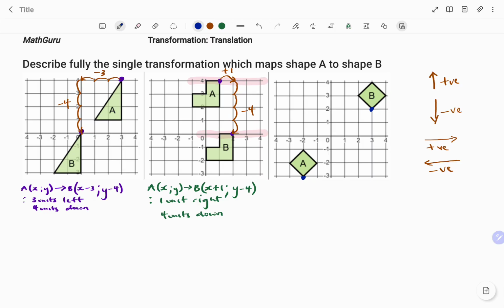And to start from my x-axis, if I highlight the 2 points as shown, it means I've moved 1, 2, 3, 4, and 5 units towards the right, and because it's towards the right, that is in a positive x direction, so that's plus 5. If I'm going to write that, I'm starting from A, the initial coordinates x, y, going to B, the x is moving 5 units to the right, so that's x plus 5.